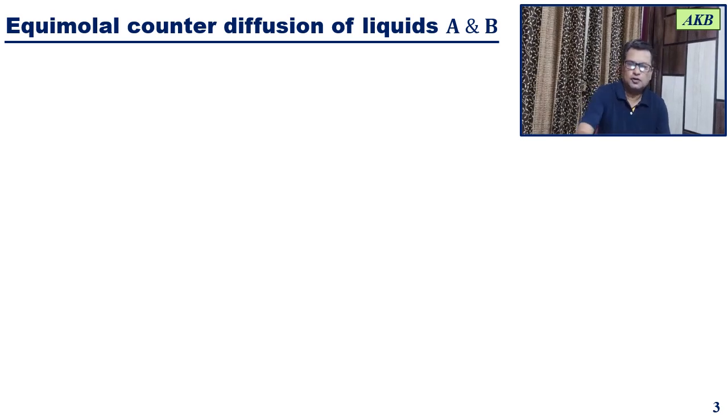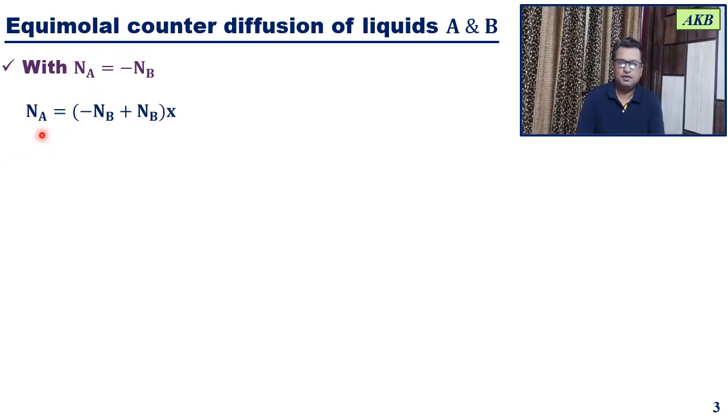From our previous discussion, Na and Nb are related through this equation, Na is equal to minus Nb. The equation for Na then becomes Na is equal to (minus Nb plus Nb) into Xa. Please note we have replaced Na with minus Nb. So Na is equal to (minus Nb plus Nb) Xa minus Dab rho upon Mw average into dXa by dz.